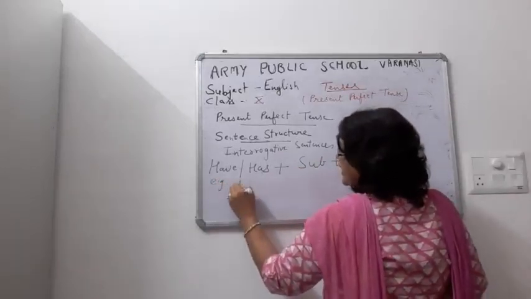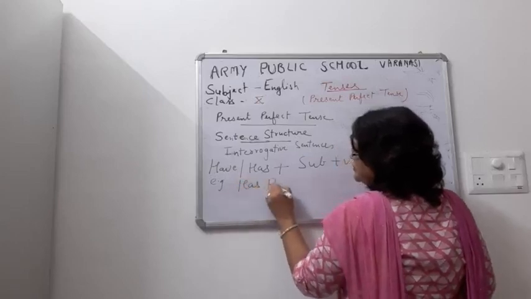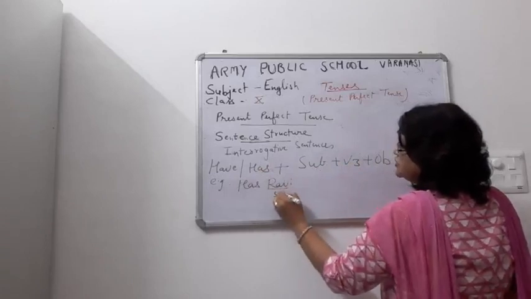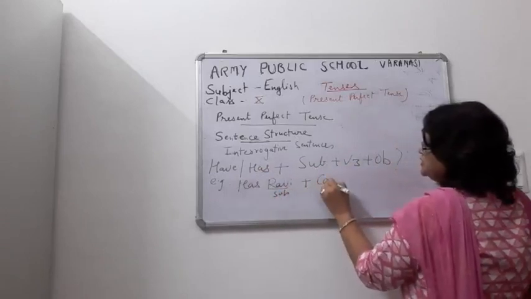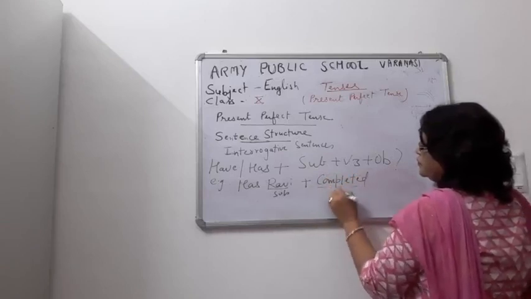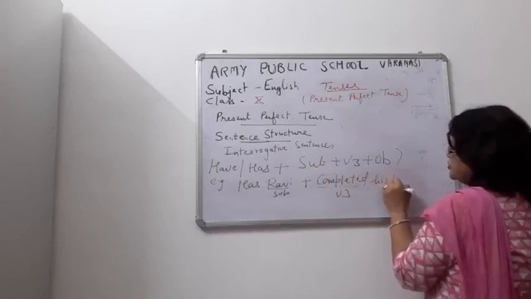For example, has Ravi, Ravi is the subject, completed, his project.